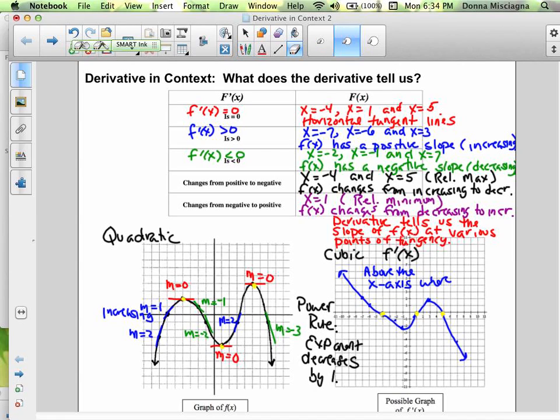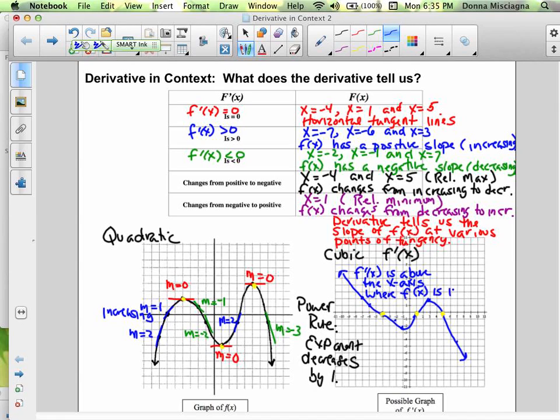So let me actually make that clear. What's above the x-axis? f prime of x is above the x-axis where f of x is increasing.